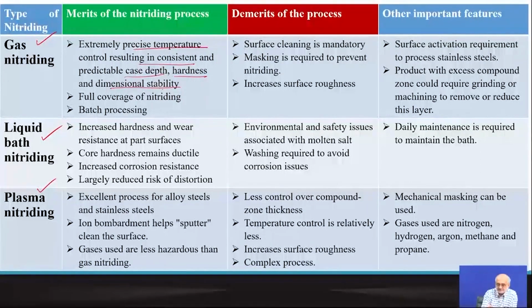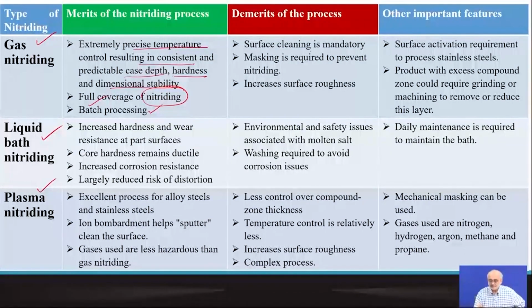So the entire surface can be covered by various forms of nitrides, and it's basically a batch process, though one can go for a continuous process, but then maintaining the proper gas mixture and pressure and so on may be difficult. So both batch and continuous are possible, but it can be made a batch process for a limited number of components. So these are the advantages.